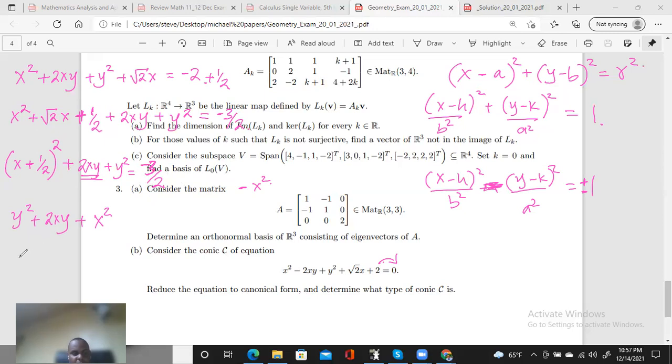So this is going to be y plus x squared. This is deadly. So x plus a half squared plus y plus x squared equals negative 3 over 2 minus x squared.